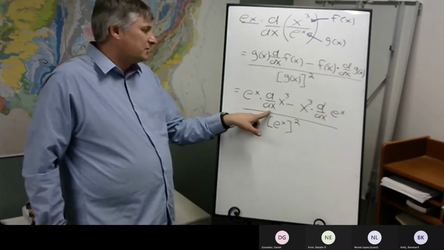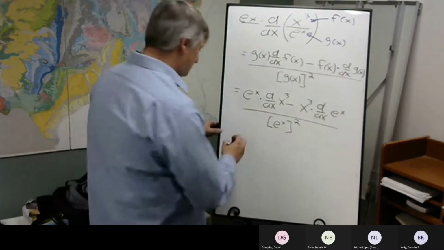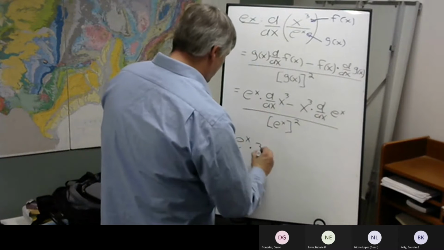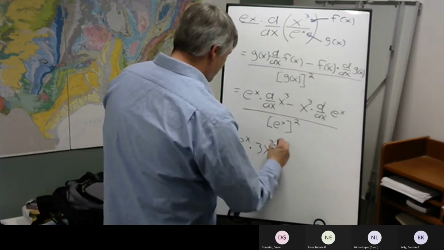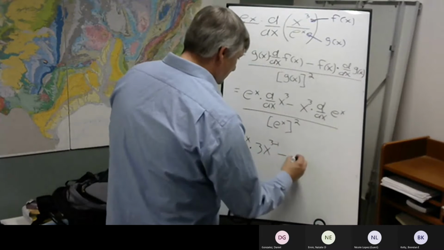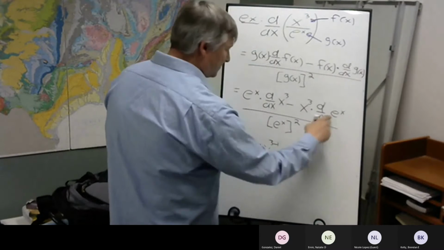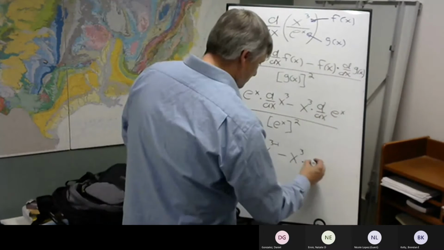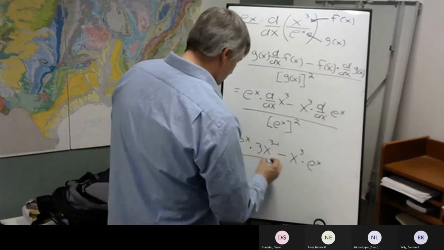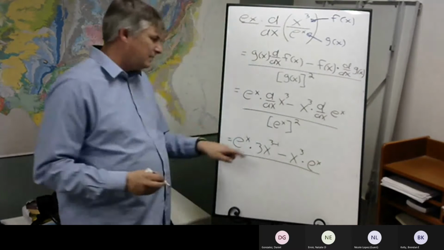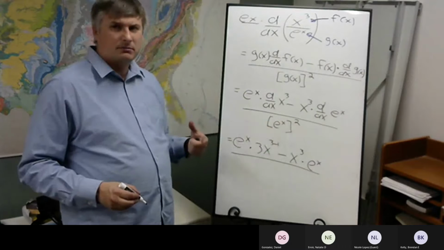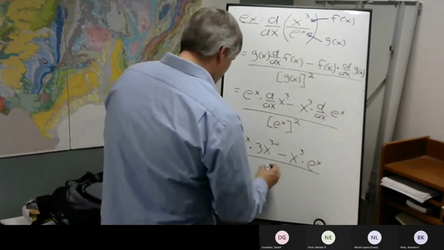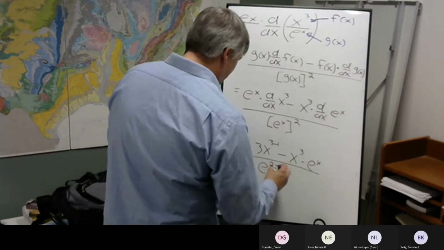Now, this derivative is going to be 3x squared, or 3x to the 3 minus 1, minus x cubed, and the derivative of e to the x is just e to the x. And for e to the x squared, you multiply the 2 and the x in this case, so you get e to the 2x.